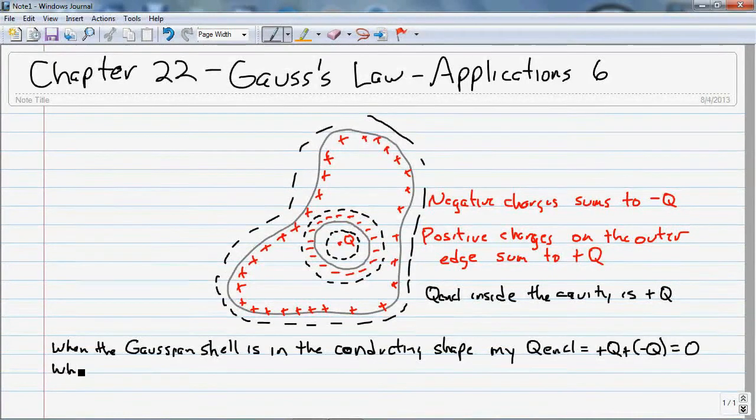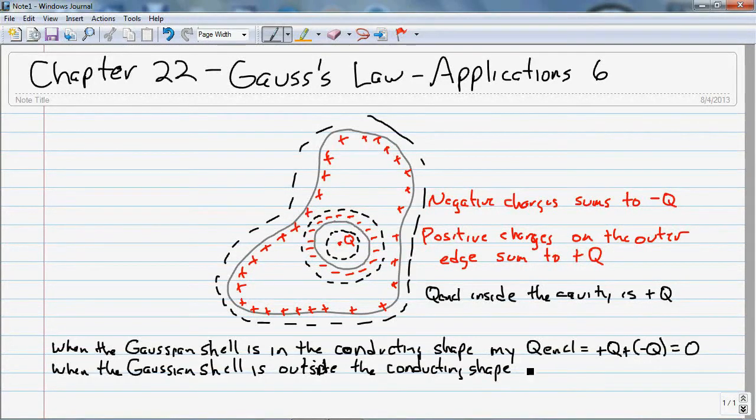So when the Gaussian shell is outside, oh, I guess it would be outside the conducting shape, my Q enclosed is going to equal plus Q for the inside plus minus Q for the negative charges plus Q for the positive charges on the surface, and that's just going to leave me with a total of plus Q.